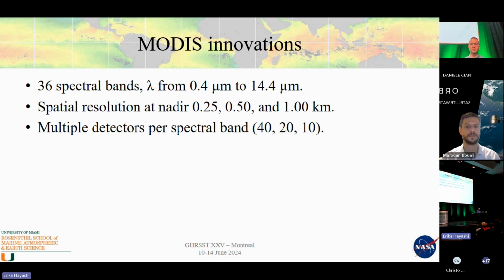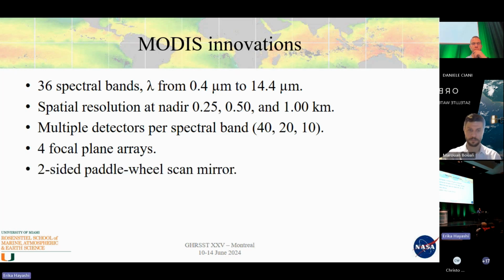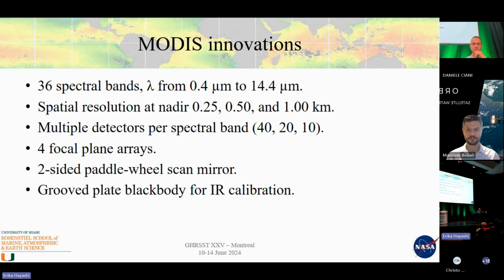There were multiple detectors for each spectral band, 40 for the high resolution bands and 10 for the 1 kilometer bands. These were mounted on 4 separate focal plane arrays. Again, another innovation. And the 2-sided paddle wheel scan mirror was very innovative and very problematic. The groove body turned out to be very good.